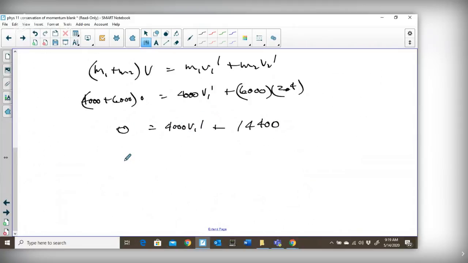This is going to go over to the other side. So we're going to have negative 4,000 v1 prime, and that's equal to 14,400. So our v1 prime, we're going to divide this by negative 4,000.